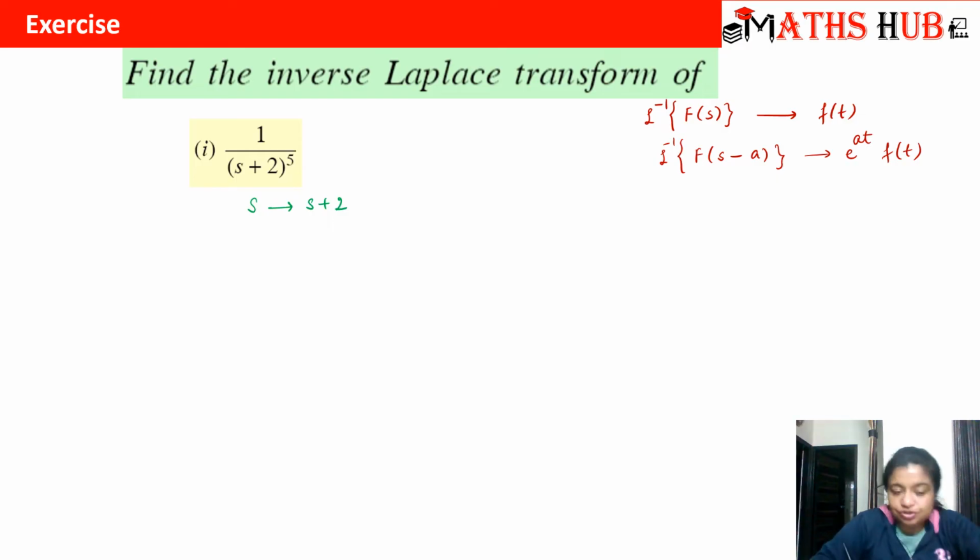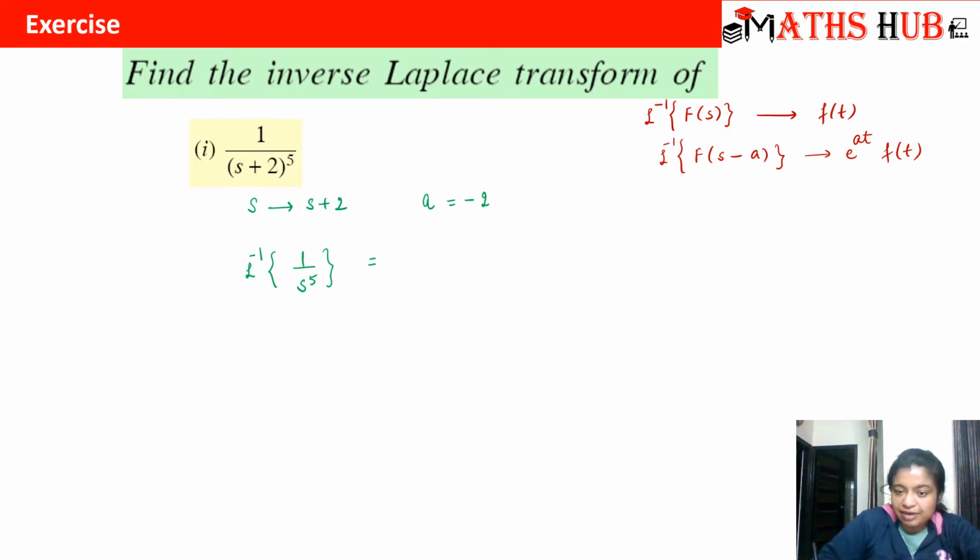So what will you do? Compare this s plus 2 with s minus a. So what is your a? A is definitely minus 2, right? So in the first go, we will change s plus 2 to s. And let us try to calculate the Laplace inverse of 1 by s raised to power 5, right?